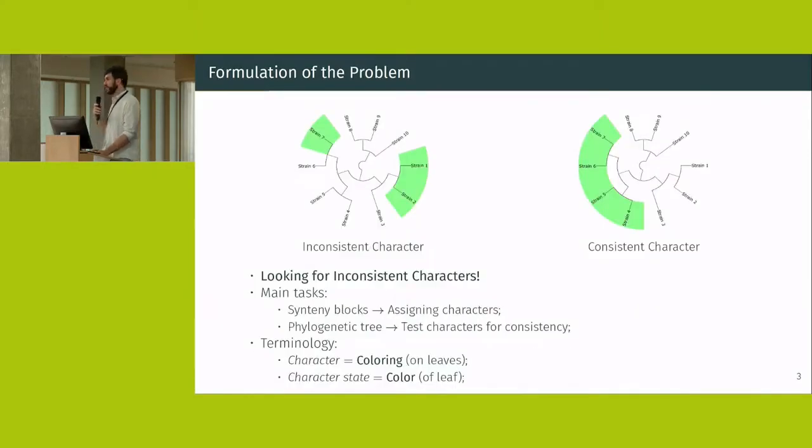What exactly does it mean? It means that we color all the strains with a particular rearrangement on a tree, and we check if this coloring is consistent with the tree, which means that the appearance of the green color can be explained by just one evolutionary event, not several.